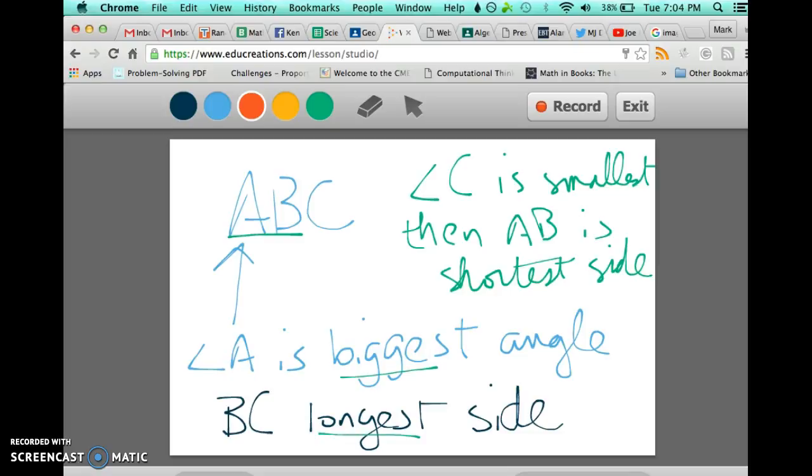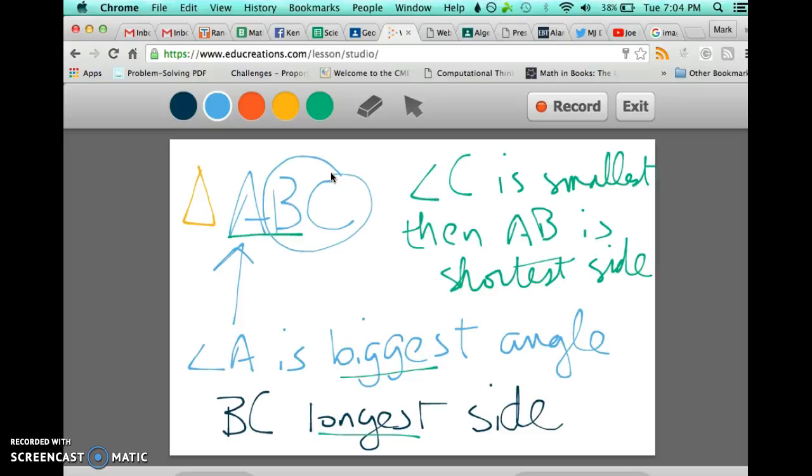If you have triangle ABC, and if you know that angle A is the biggest angle, then without even looking at the triangle, you know that BC is the biggest side because it's opposite angle A, because it has the two letters that don't touch A. So if angle A is the biggest angle, then BC is the longest side. Similarly, if angle C is the smallest angle, then AB is the shortest side. So it works like that.